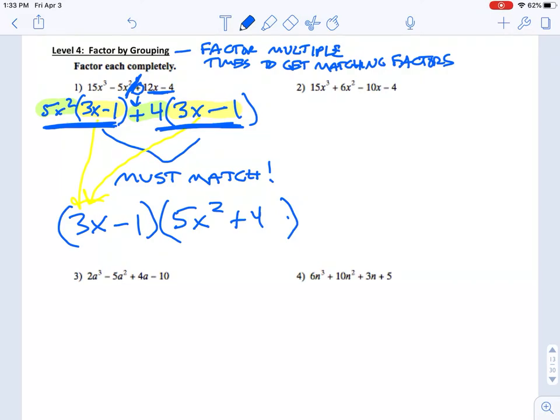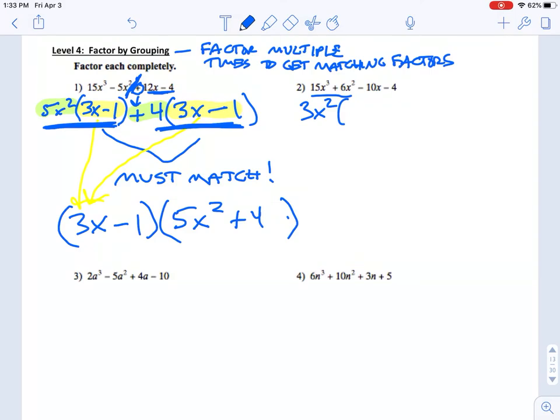Let's just do example 2. So here's what it's going to look like for you guys once you've practiced this enough. Look at the first two terms. From 15 and 6, you can take out a 3. From x cubed and x squared, you can take out x squared.